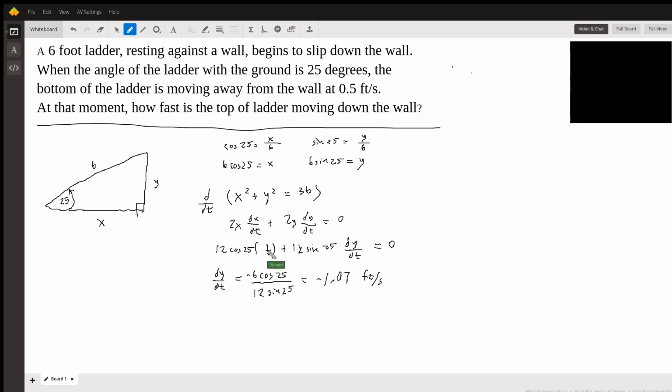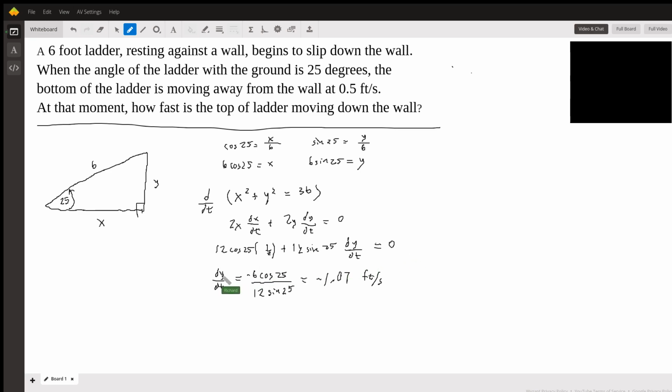So I have a half here. And then 2y, so 2 times y is 6 sine 25, so that's 12 sine 25 times dy/dt is 0. And that's what we want to know.